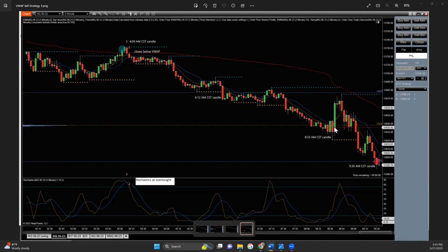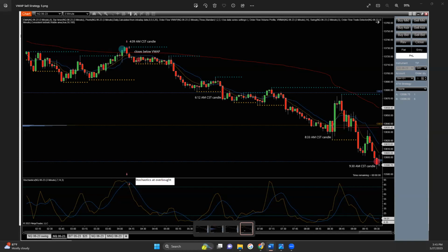However, if you had decided to remain in the trade through the opening, you could have remained to the downside. Let's say you decided to exit at 9:30 a.m. Central Standard Time for an additional 30 points, which equates to an additional $600 with one NQ contract, or an additional $1,200 with two NQ contracts.